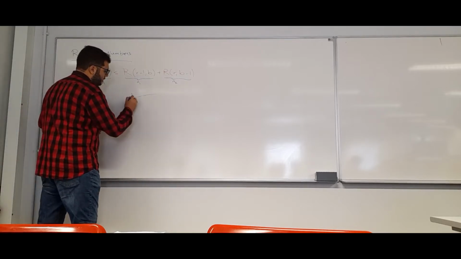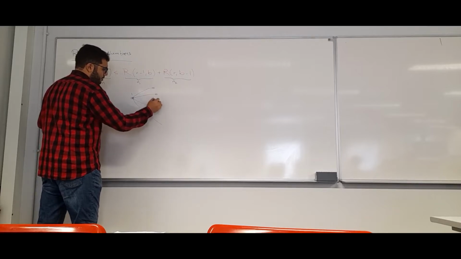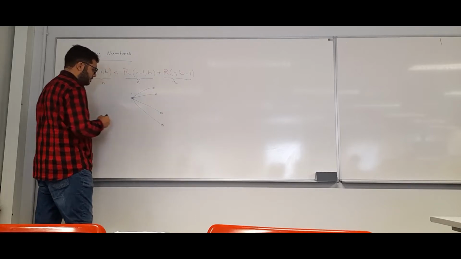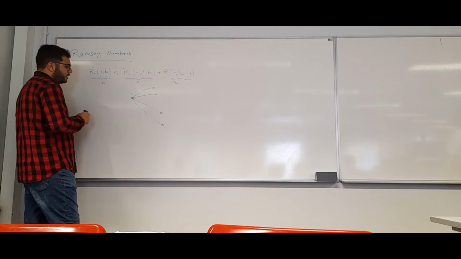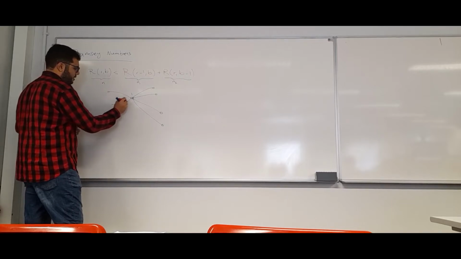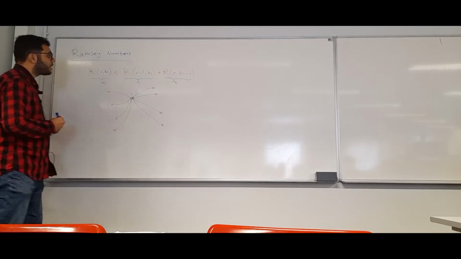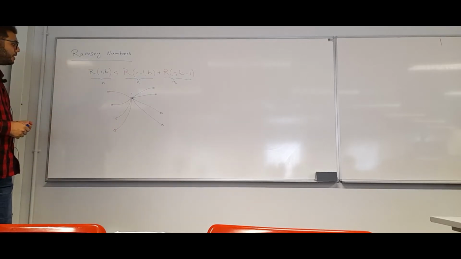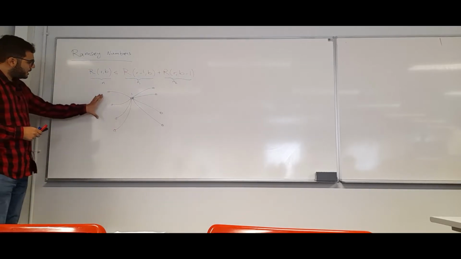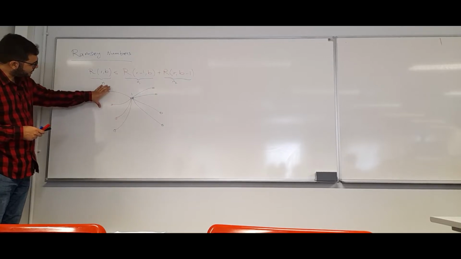So let's say these are the vertices that are connected with blue edges. Vertex number 1. And let's say these are the vertices that are connected by a red edge.